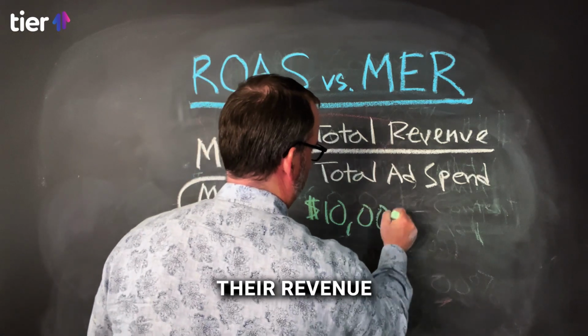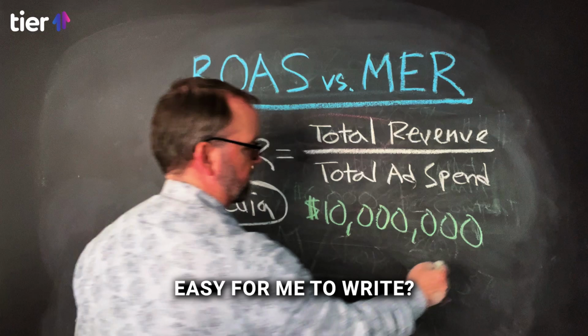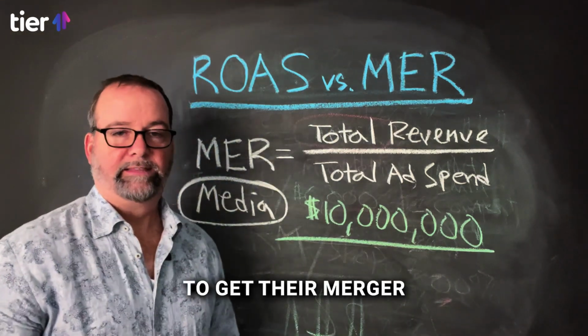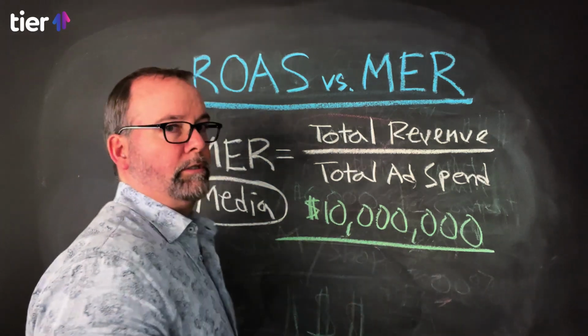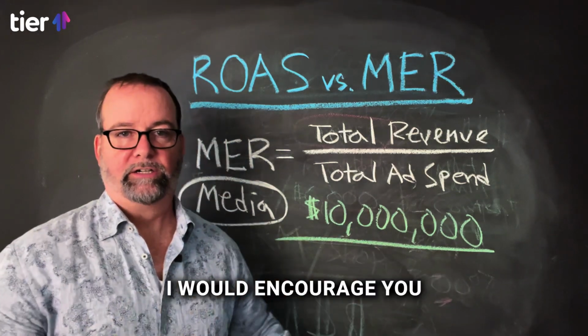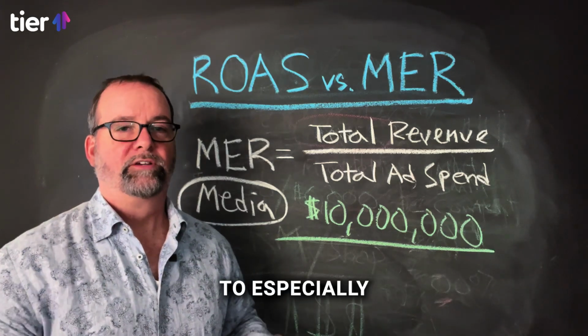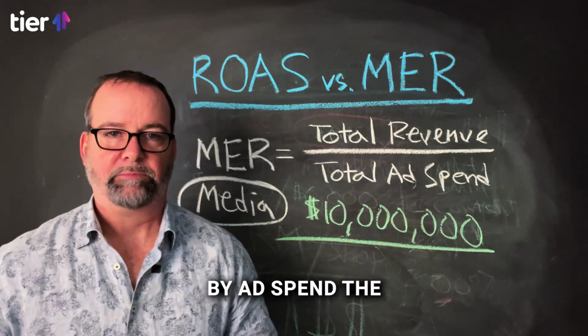Their revenue is about $10 million a year. Easy for me to write, a lot of zeros. And all we do to get their MER is divide it by their total ad spend. And I would encourage you, like I said, to include your agency fee with this too, especially if you're on a performance basis or you're paying by ad spend.